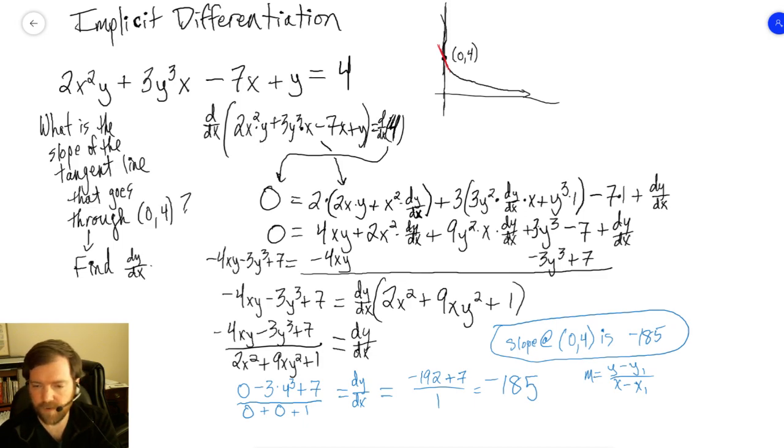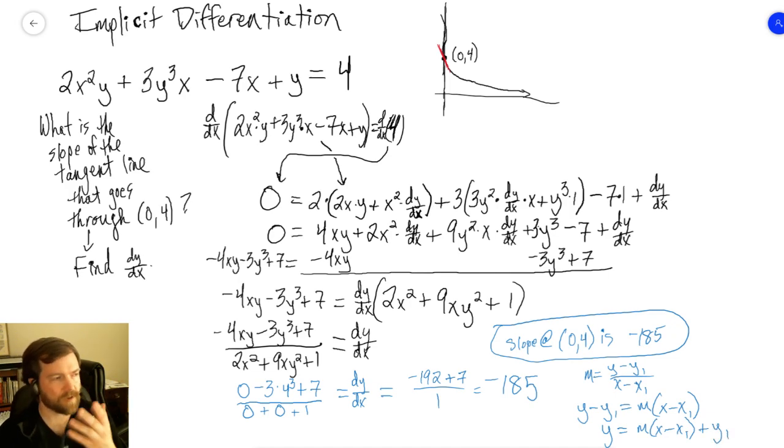Multiply your x's over, and you end up with y minus y1 equals m times x minus x1, or y equals m times x minus x1 plus y1. So any of those you can start there and then work through.